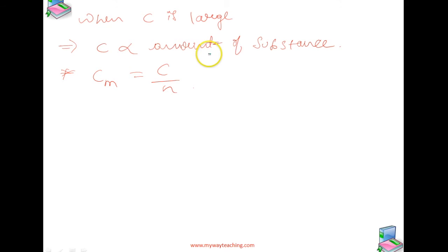Specific heat, also called specific heat capacity, is the quantity of heat required to raise the temperature of 1 unit mass of a substance by 1 degree Celsius.